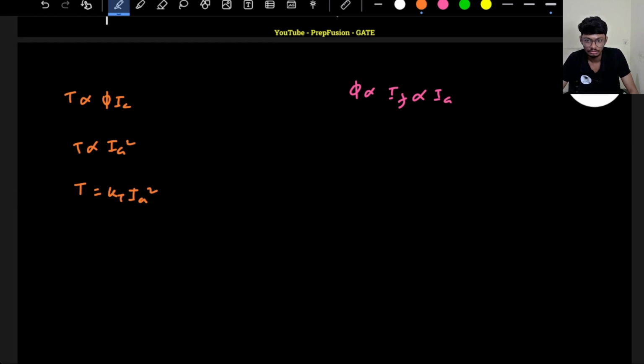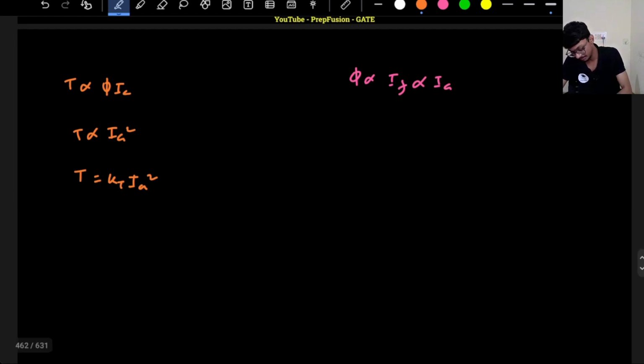Okay, so your torque current characteristics will just be a parabola. Now at higher loads, it will just be a parabola if saturation is ignored. I will discuss saturation, all those things.